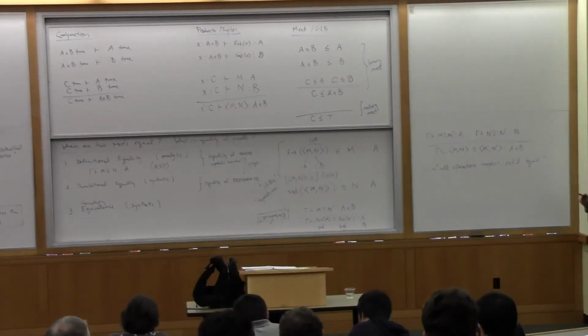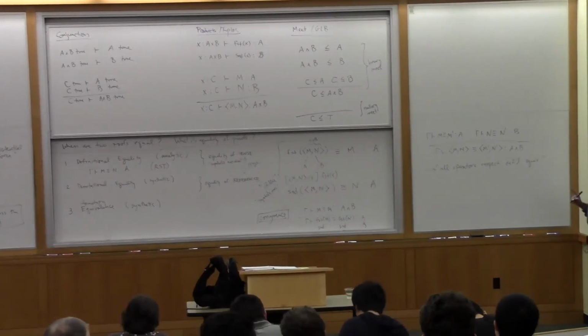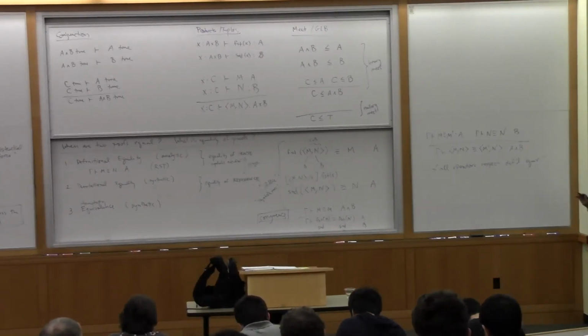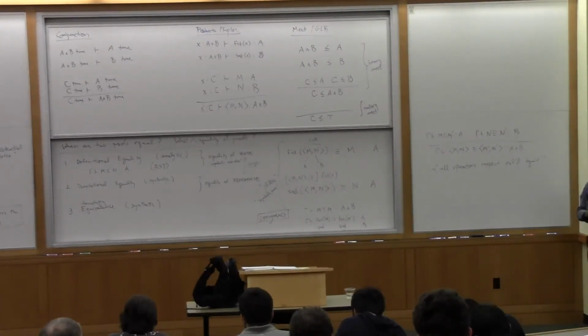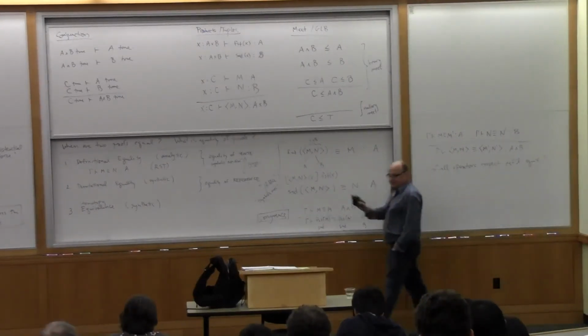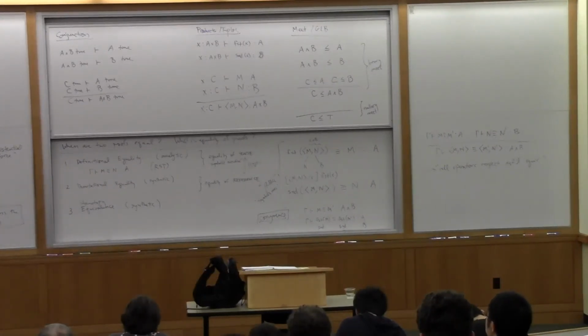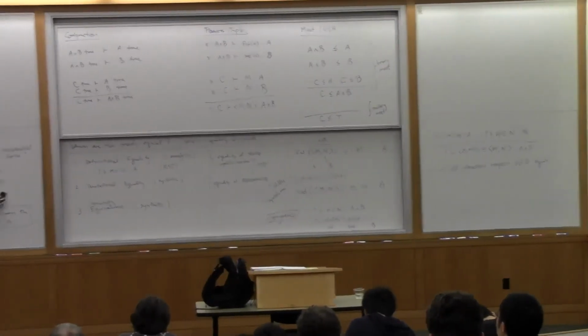Now I want to draw the distinction, and then I'll finish, between definitional equality and what I'll call denotational equality. In order to do this, I need to wave my hands a little bit again, because it's just a question of the timing of the lecture. Everything will come out in due course, but I have to fudge a little because you've got to do something to get started.